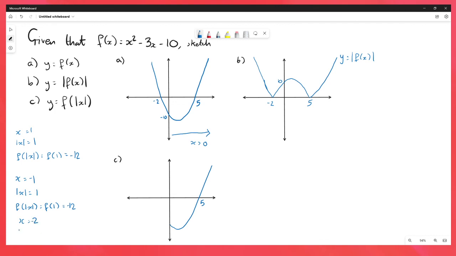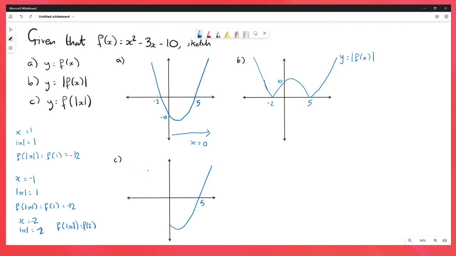If x is minus 2, modulus of x is 2, so f of the modulus of x is the same as f of 2, which is going to be sort of here-ish. F of minus 3 is going to be the same as f of 3. Minus 4, minus 5, and so on are going to be all the same. So we actually get the same shape as this.